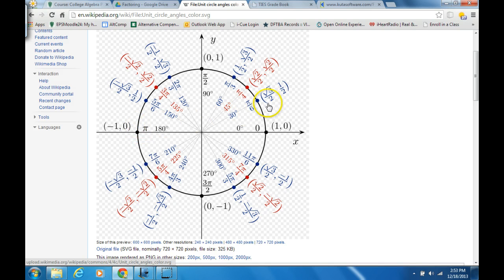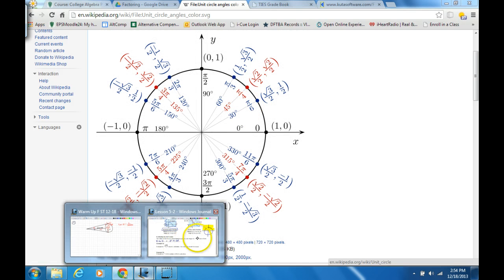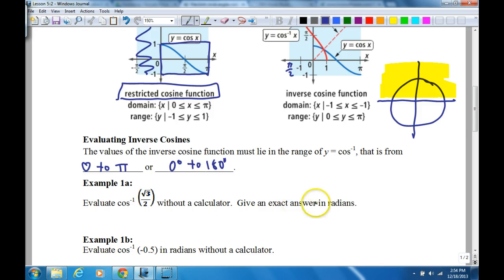And the only place that we have a positive square root of 3 over 2 for the x value is right here. But we also have it at 330. But that's not in the top half of the circle. Remember, we're only paying attention from 0 to pi. So if this is my only place, what is it in radians? Pi over 6. Okay? So my exact answer in radians is pi over 6.